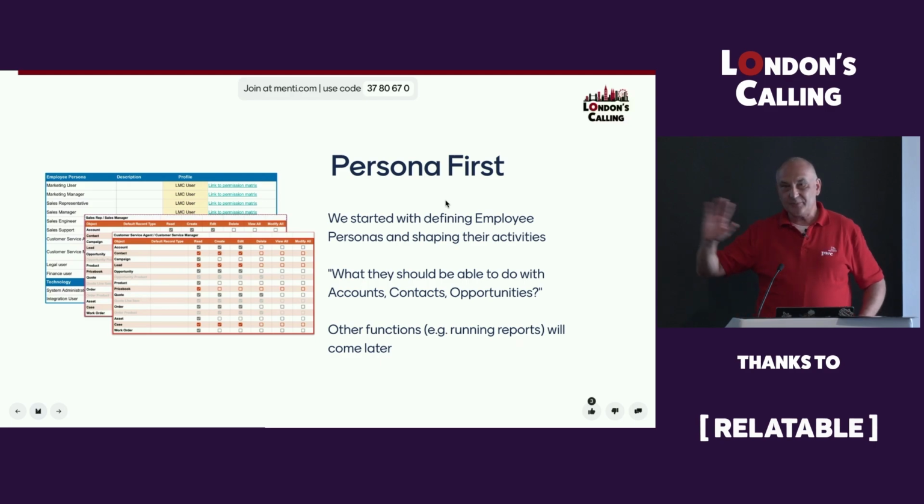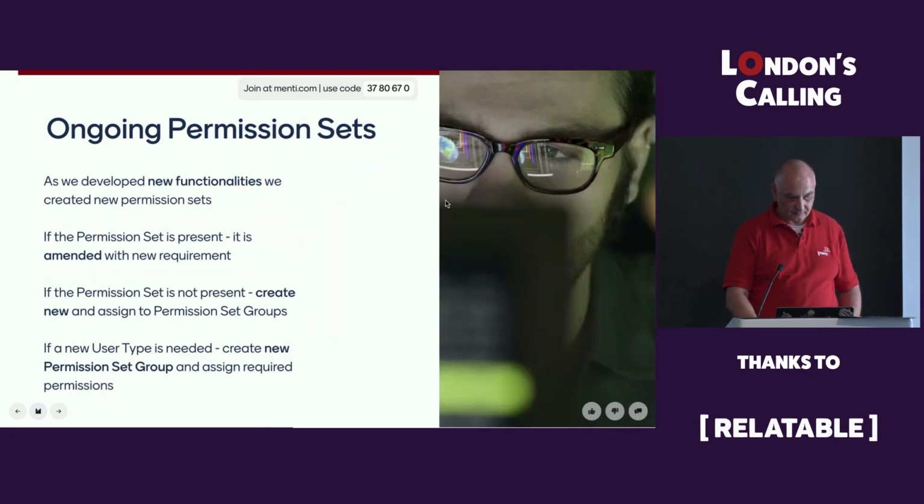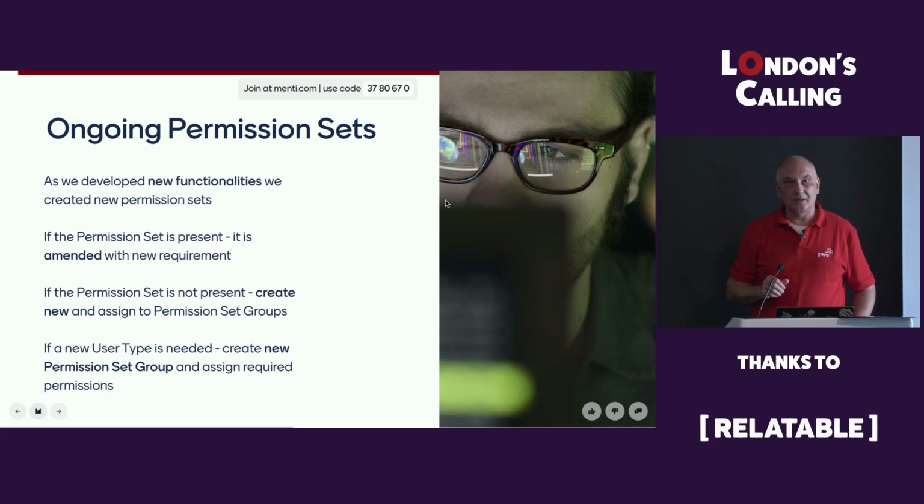And we skipped the other permissions like flows and reports for later. When it comes to reporting, then we will think about reporting. And as we developed new functionalities, we just created new permission sets. And I will tell you how.